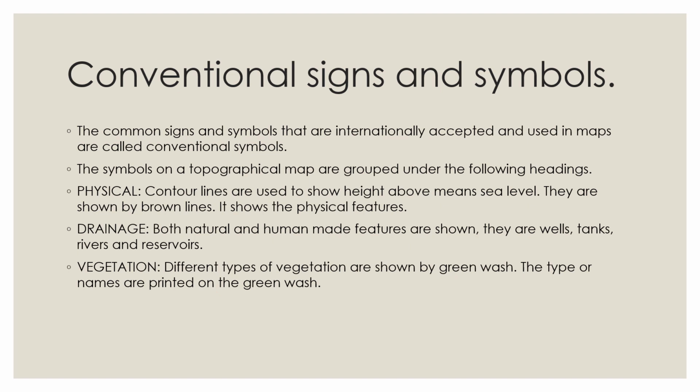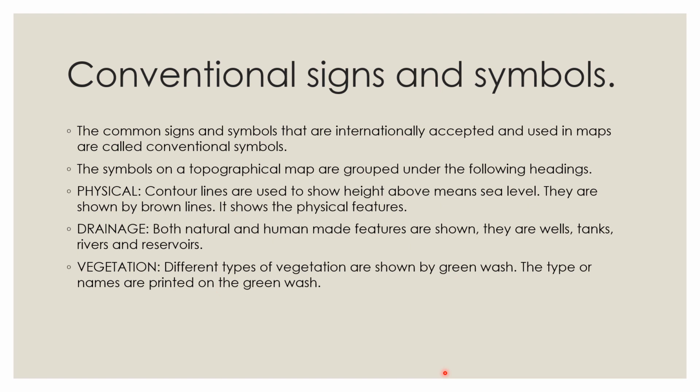Now the last thing is conventional signs and symbols. The common signs and symbols that are internationally accepted and used in maps are called conventional symbols. The symbols on a topographical map are grouped under the following headings. Physical.